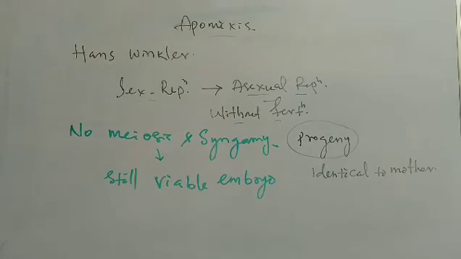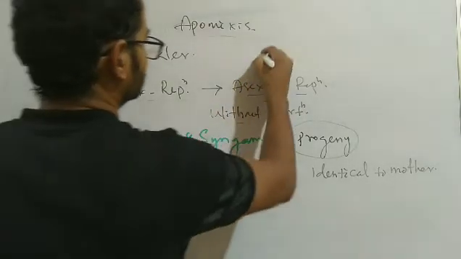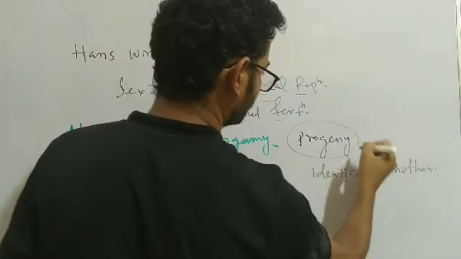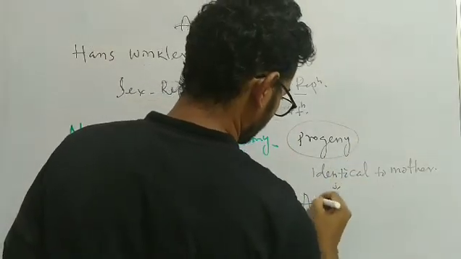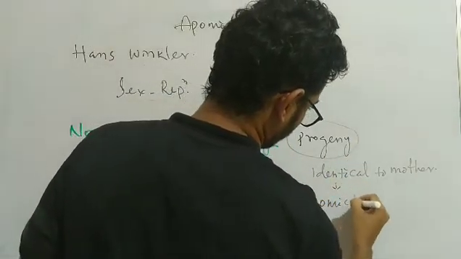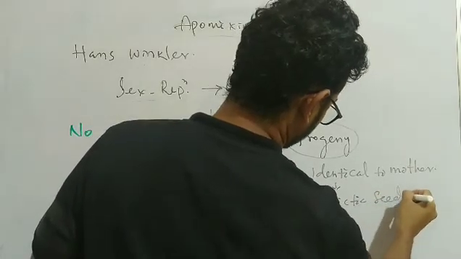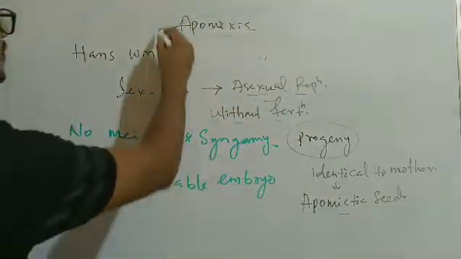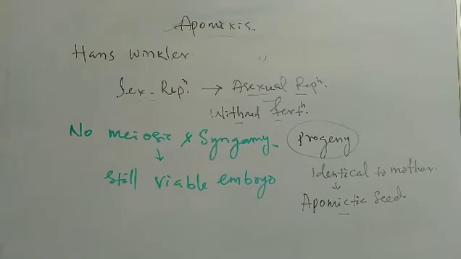So no variation or change occurs. The seed formed is called apomictic seed because it is formed as a result of apomixis.